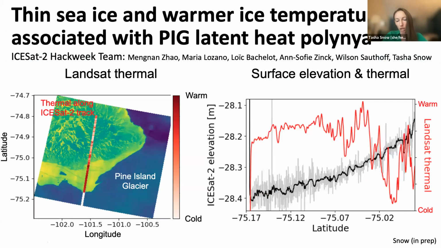We've also done other work at the ICESat-2 Hack Week, if any of you are familiar, to look at how thermal and ICESat-2 surface elevation data can be integrated together. So ICESat-2 is a laser altimeter that captures the surface elevation of the planet.